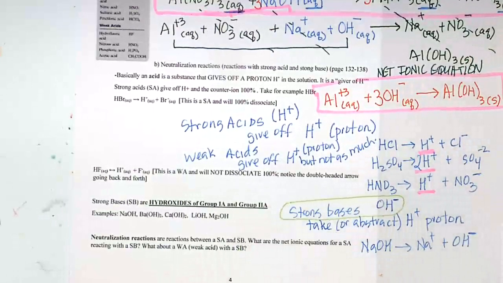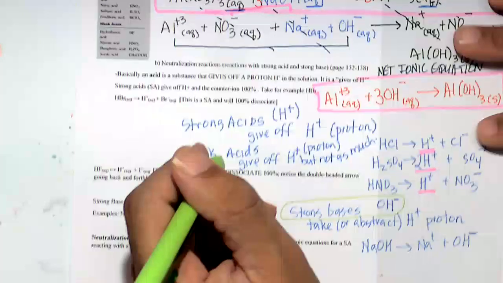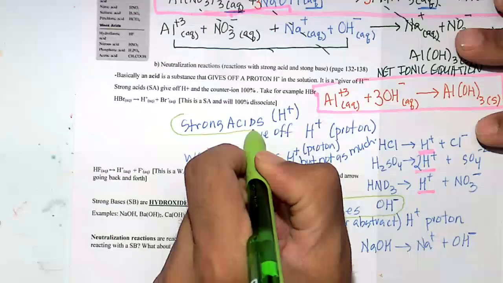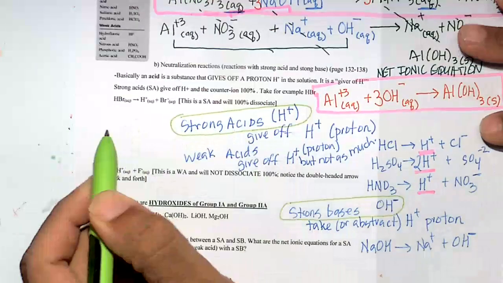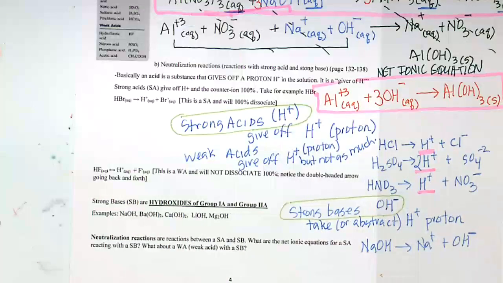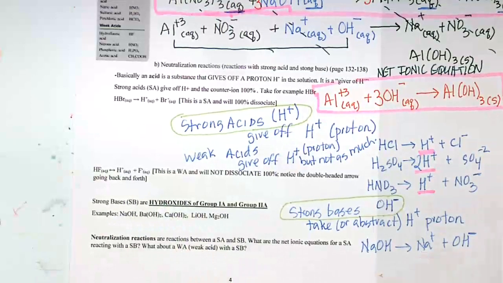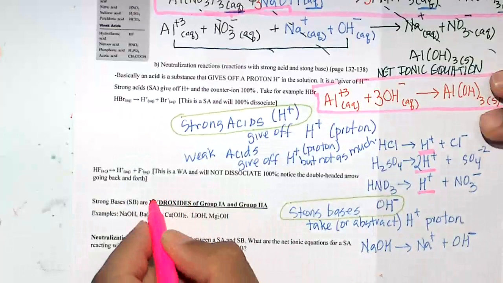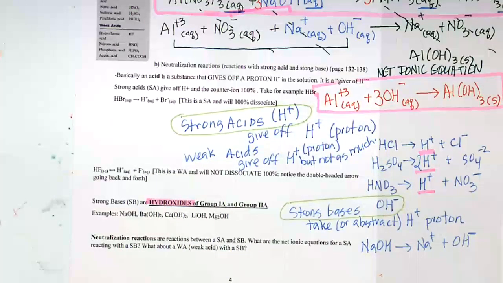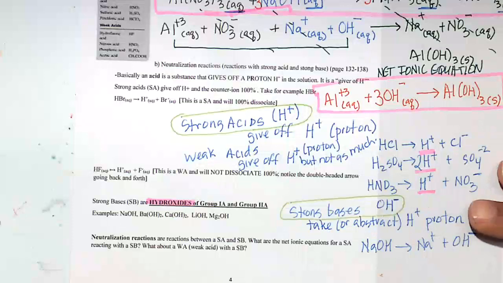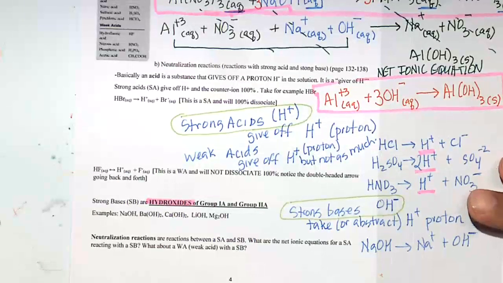Strong base is anything that gives off OH-, and a strong acid is anything that gives off H+. Best example are the hydroxides. All right, so that's all I want to get into right now, because you'll learn more about this in general chemistry, the next course, Gen Chem 2.